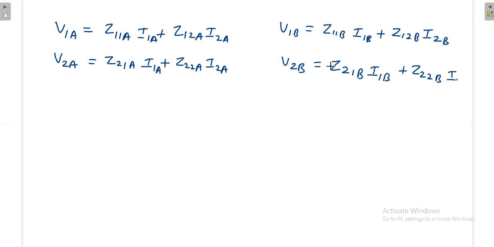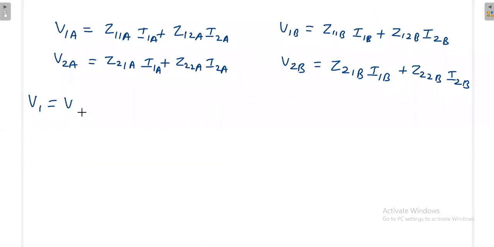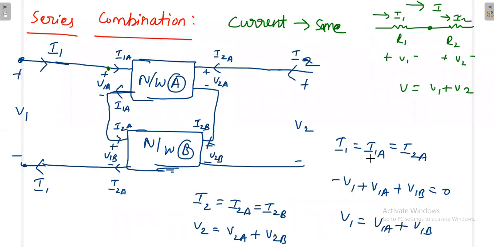Now what finally do we need? We need V1. We know what V1 is here. Please see here, V1 is V1A plus V1B. V1A is here, V1B is here. Again, you know that I1A and I1B are the same.